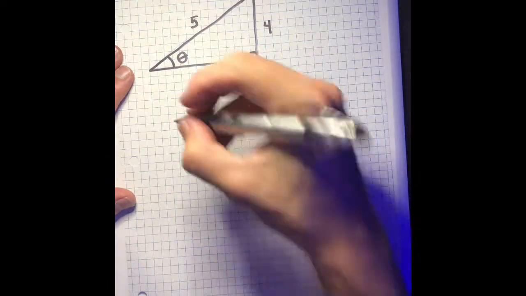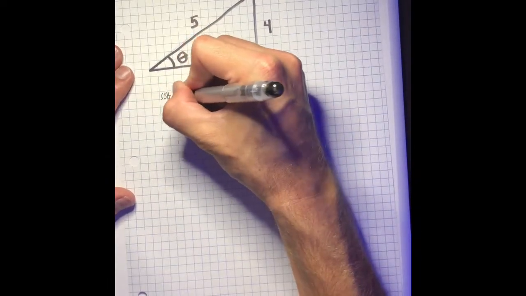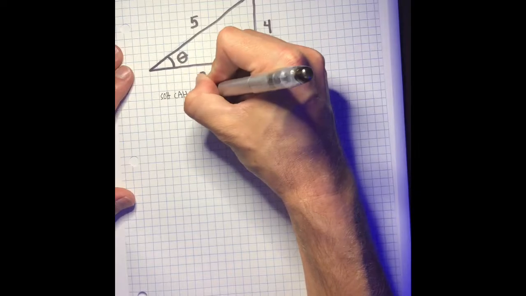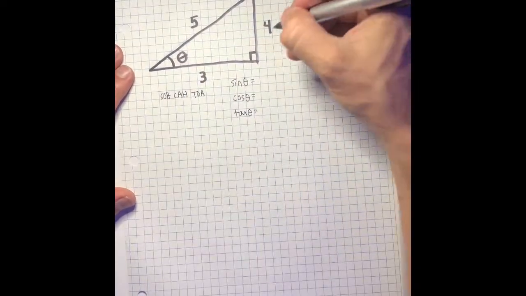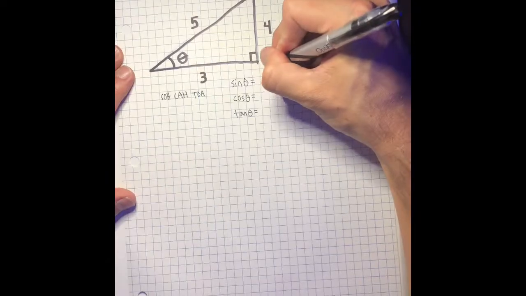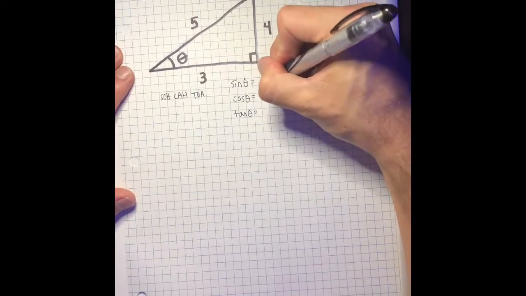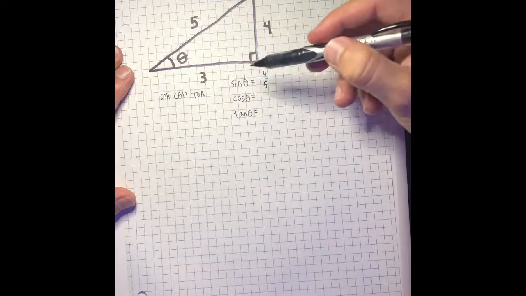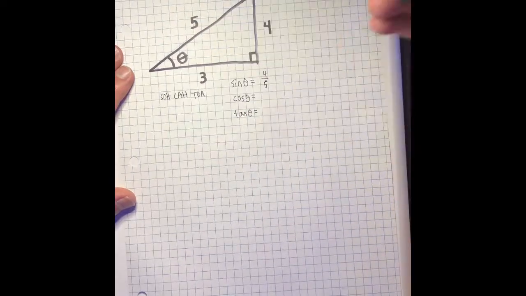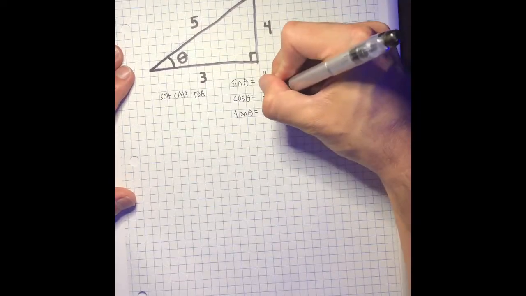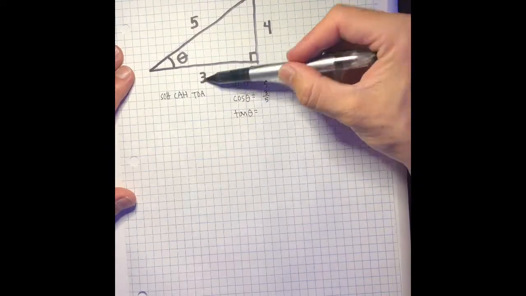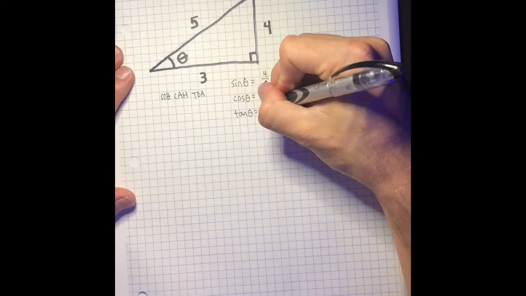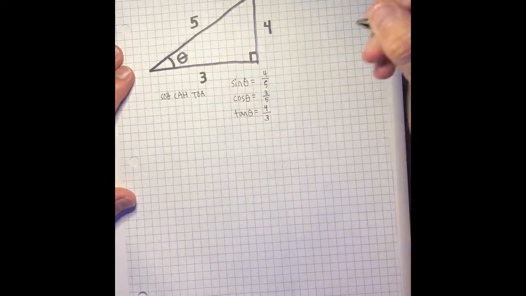So the sine, if we remember our SOHCAHTOA, sine is the opposite divided by the hypotenuse. Opposite being 4, hypotenuse being 5. Cosine is the adjacent over the hypotenuse, which is 3 over 5. And tangent is the opposite over the adjacent, which is 4 over 3.